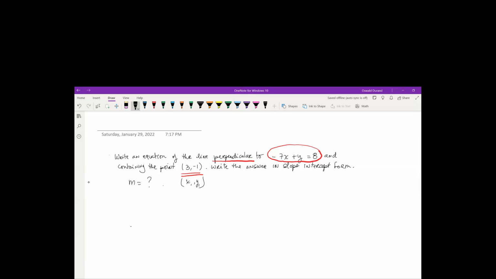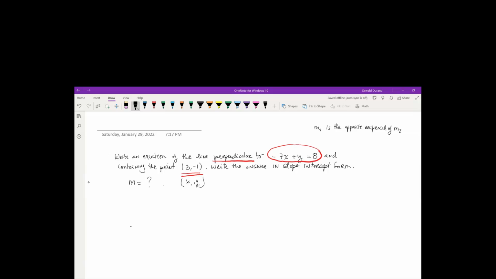Now let's look at the relationship between the slopes of two perpendicular lines. m1, the slope of the first line, is the opposite reciprocal of m2, the second slope.